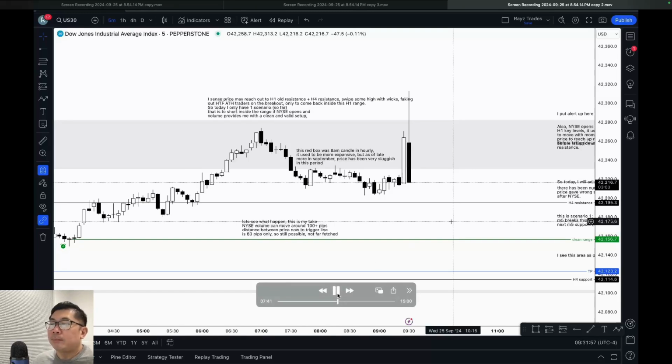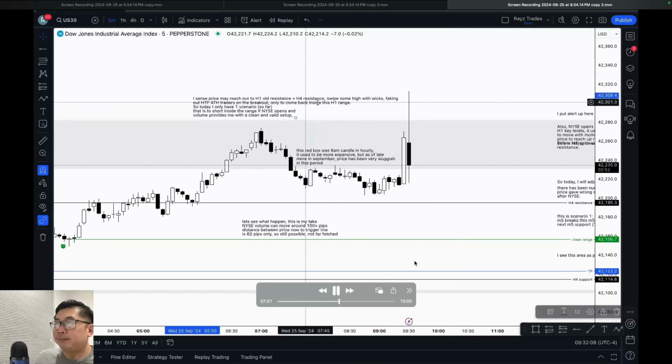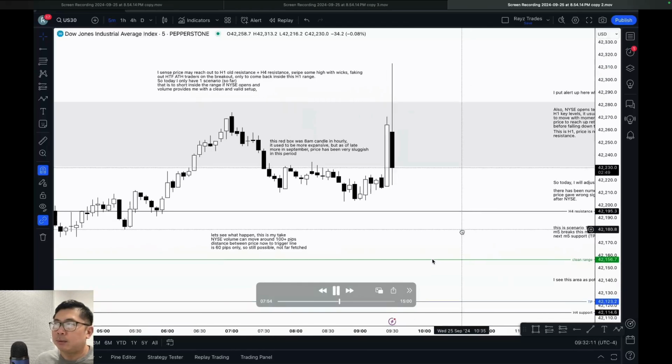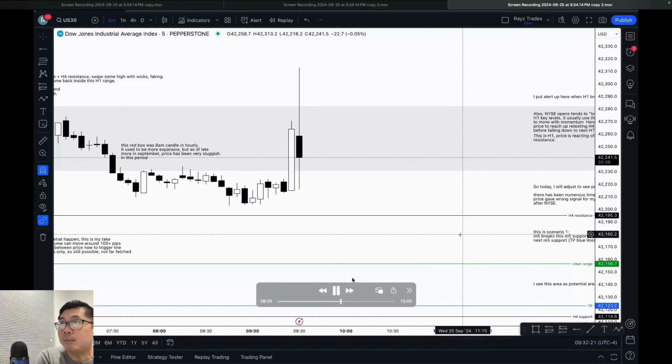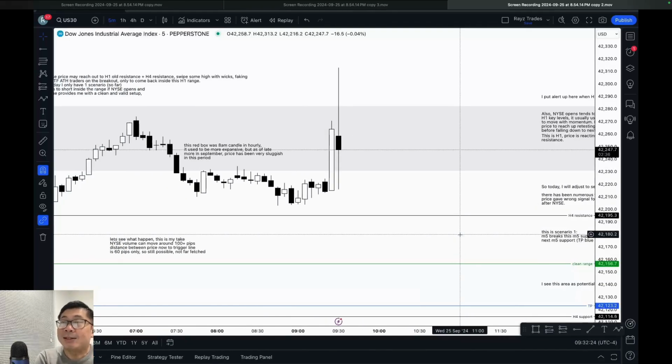Now I'm going to look into this again, guys. I might equip one more setup into my arsenal, and that is to look when price on the 5 minutes reacts strongly or with conviction, or it has some swing points resting on the 1 hour key level, aligned with my whole context and bias for the session.